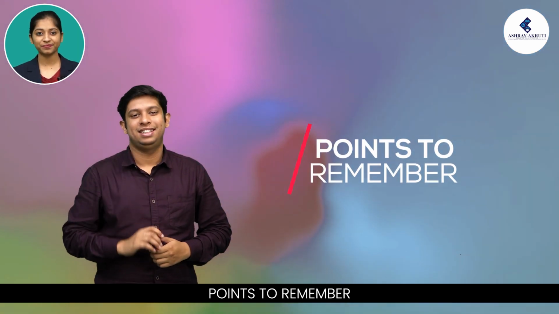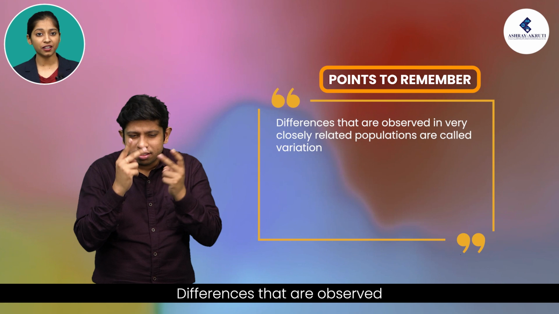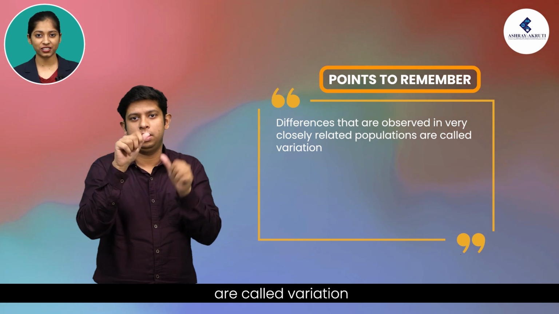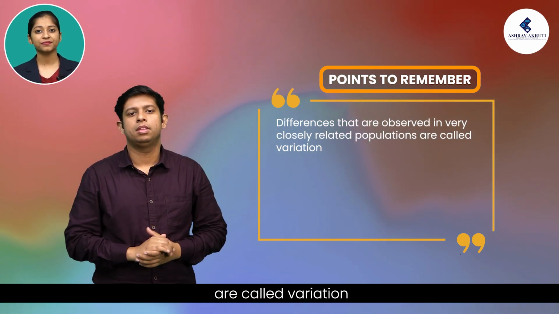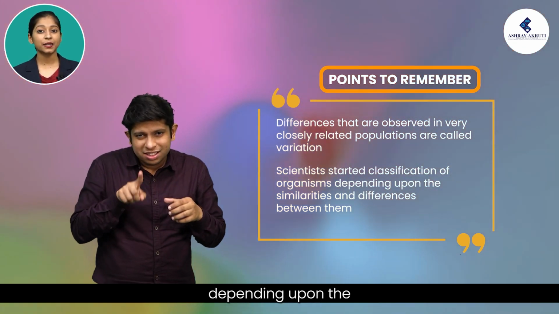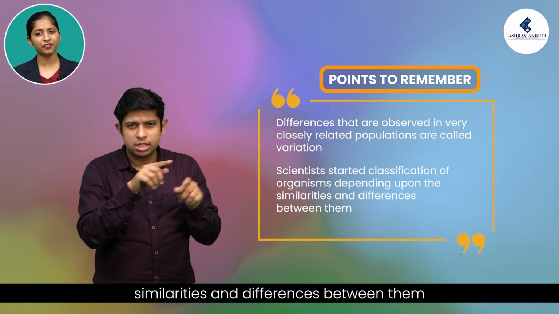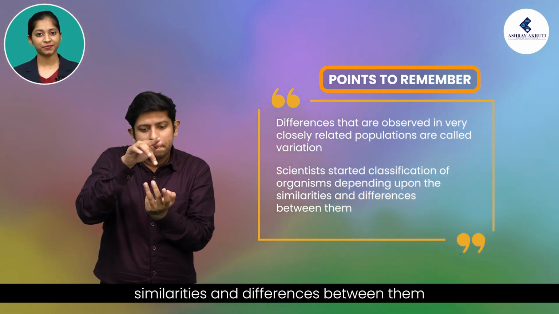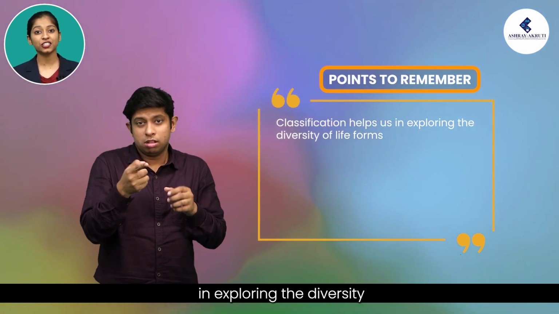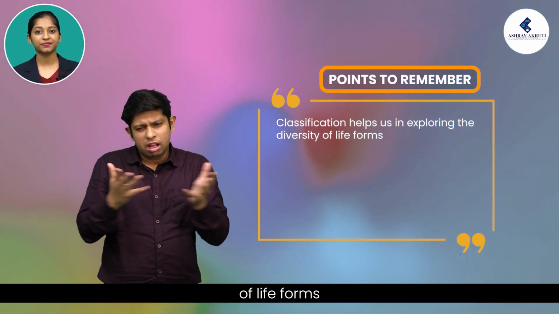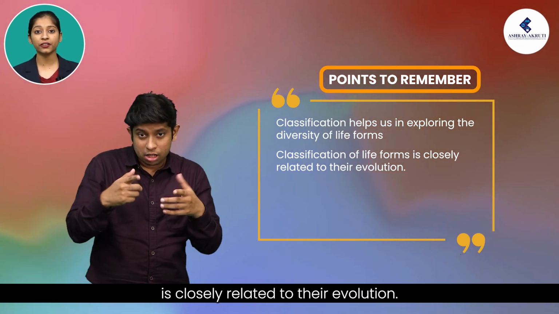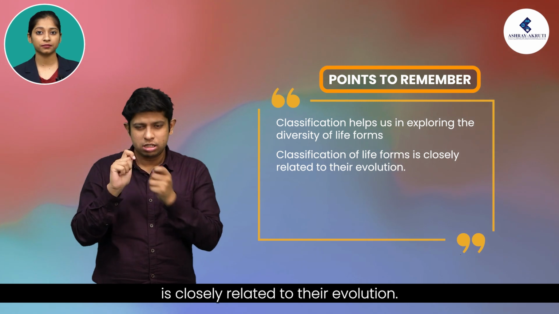Points to remember. Differences that are observed in very closely related populations are called variation. Scientists started classification of organisms depending upon the similarities and differences between them. Classification helps us in exploring the diversity of life forms. Classification of life forms is closely related to their evolution.